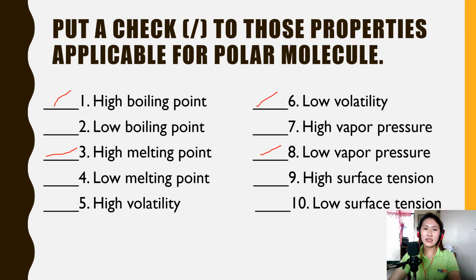Okay? Lastly, between high surface tension and low surface tension, saan mas applicable si polar molecule? Very good. It is in the high surface tension. Okay? So these physical properties that we checked are where polar molecule is applicable. Okay? Very good.